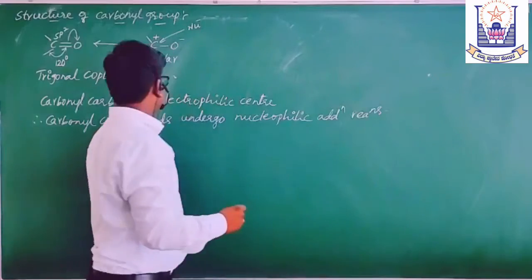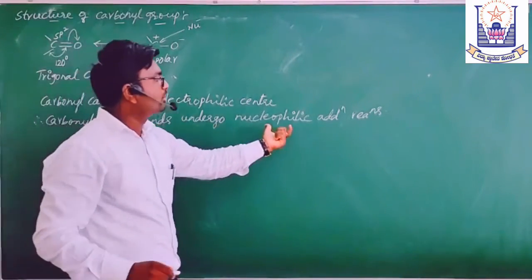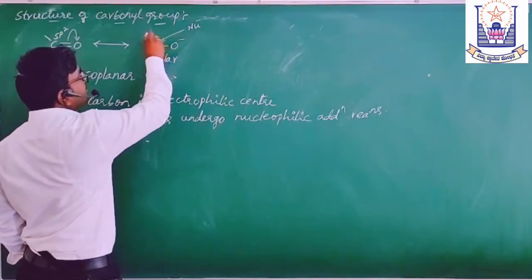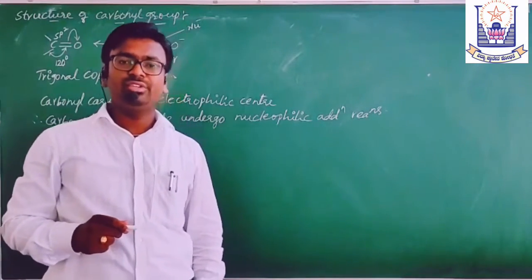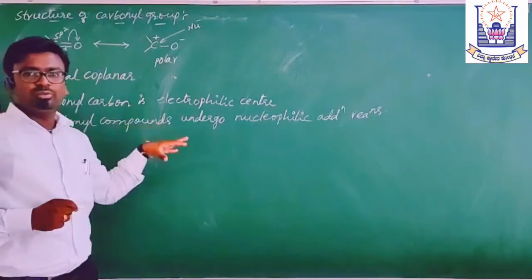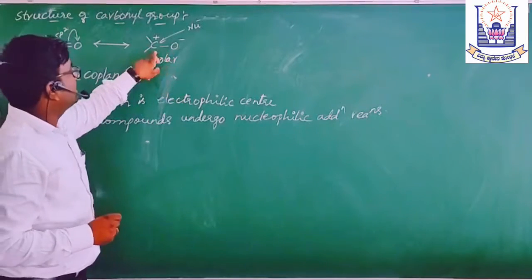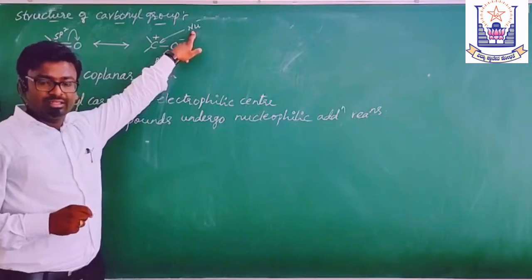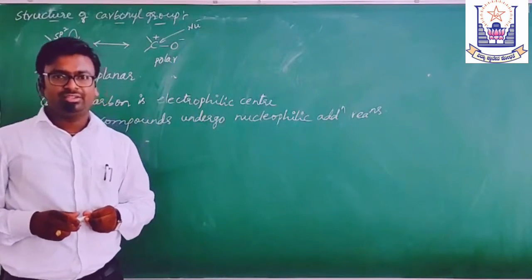The carbonyl compounds such as aldehydes and ketones undergo nucleophilic addition reactions. Why? Because here we have an electrophilic carbon atom, an electron deficient carbon atom. So what we have understood from this discussion is that carbonyl compounds are polar, where the carbon is an electrophile and it will be attacked by the nucleophile. Therefore, the carbonyl compounds undergo nucleophilic addition reactions.